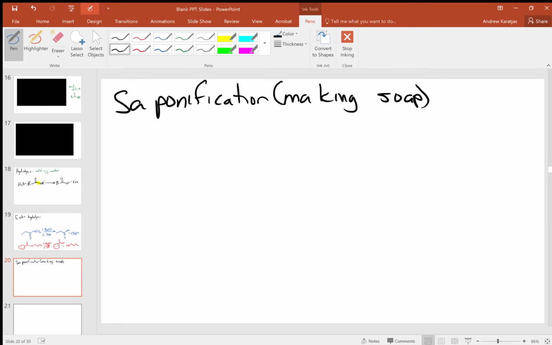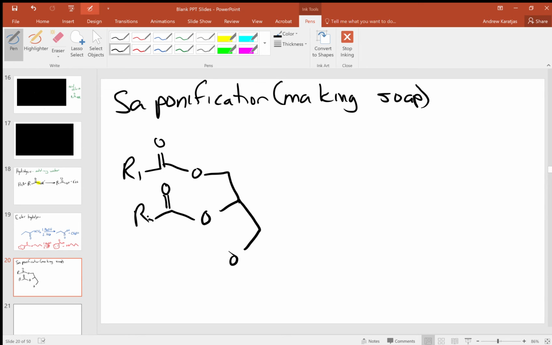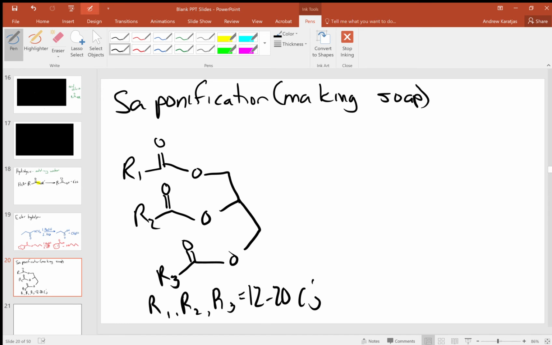So how do we make soap? Well, if we start with a compound that looks like this, those R groups there are going to be somewhere on the order of 12 to 20 carbons.